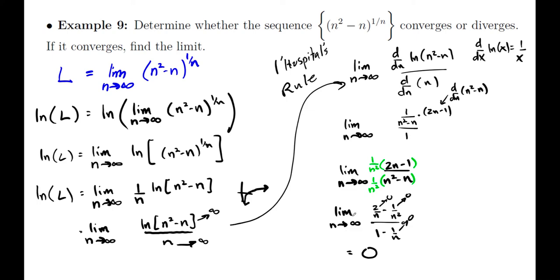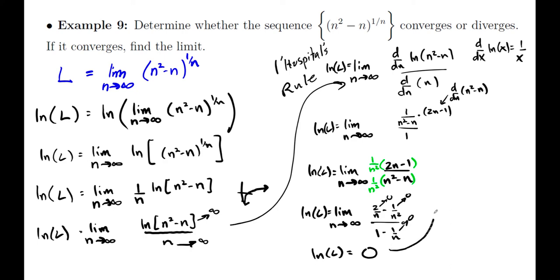Not the original limit. I started to get lazy as I went through this problem, but what was it? It was the natural log of L. The natural log of our limit was equal to all this stuff. So it's the natural log of L that equals 0.